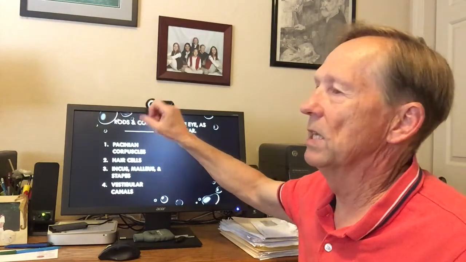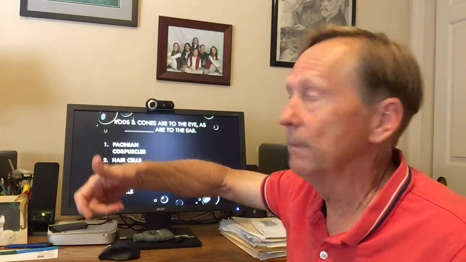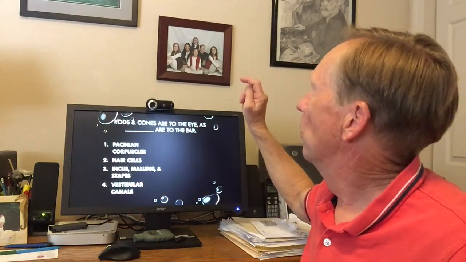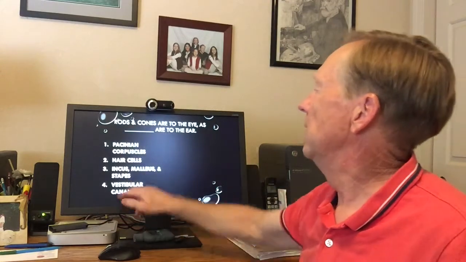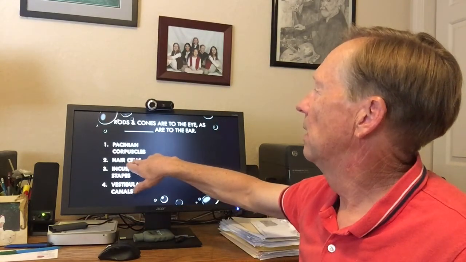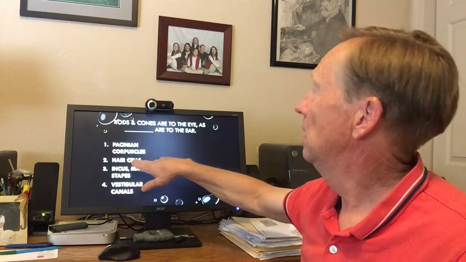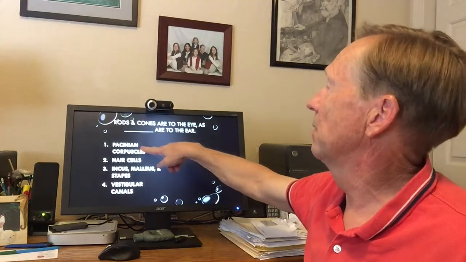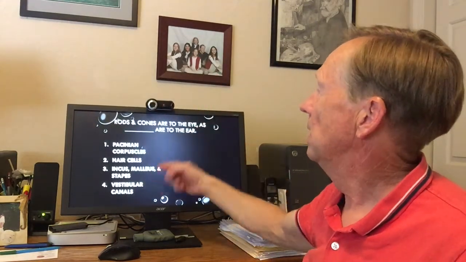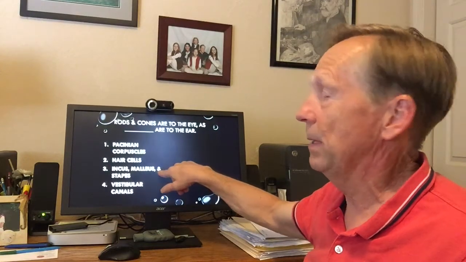Rods and cones are where transduction occurs specifically in the retina. What's the analogous portion of the cochlea that is similar to rods and cones? It is the hair cells on the basilar membrane of the cochlea. So Pacinian corpuscles allow us to sense touch. They're in the skin. The incus, malleus, and stapes are the bones of the middle ear.